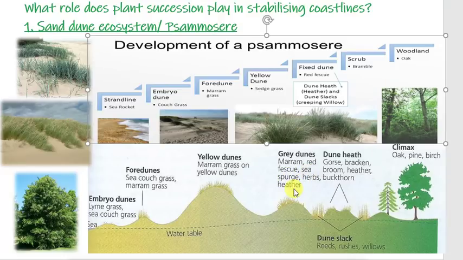And by those being present and growing there, they then change the environment and bracken can grow, and this carries on until you end up with your climax community, which in the case of sand dune succession is oak, pine and birch. Alright, so a psammosphere is a sand dune succession from pioneer species near the sea to oak woodland inland.